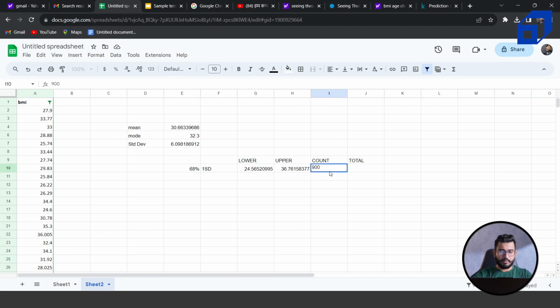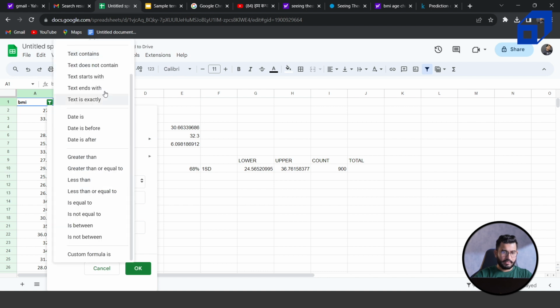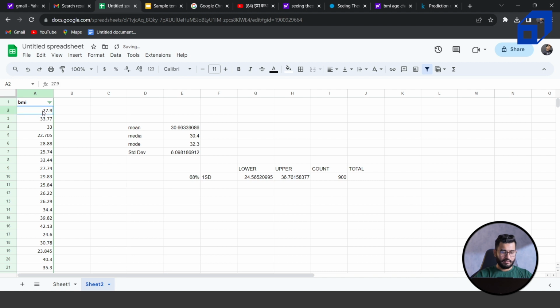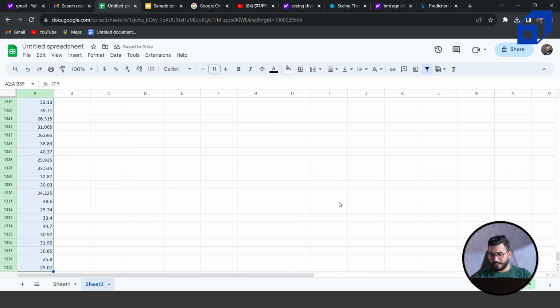What are the total number of values? For that I have to remove this filter. So I'll say none, I'll say okay, and I will calculate. 1338 is my total.